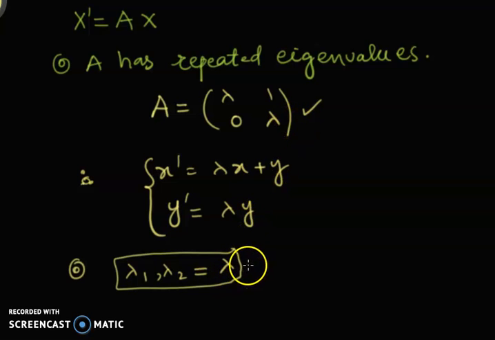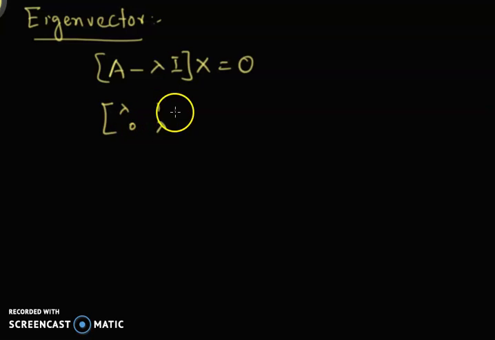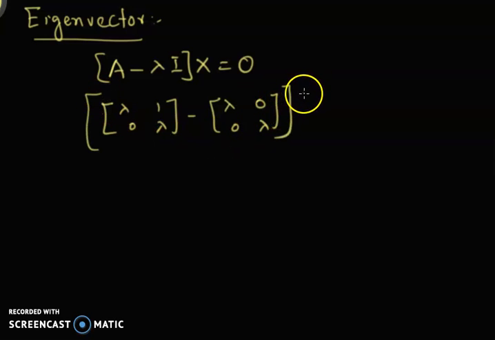Because both eigenvalues are the same, we just need to find the eigenvector. We already know that we need to solve (A minus lambda I) x equal to the zero vector. A is [lambda, 1; 0, lambda], and minus lambda I is [lambda, 0; 0, lambda], applied onto (x, y) to yield (0, 0).